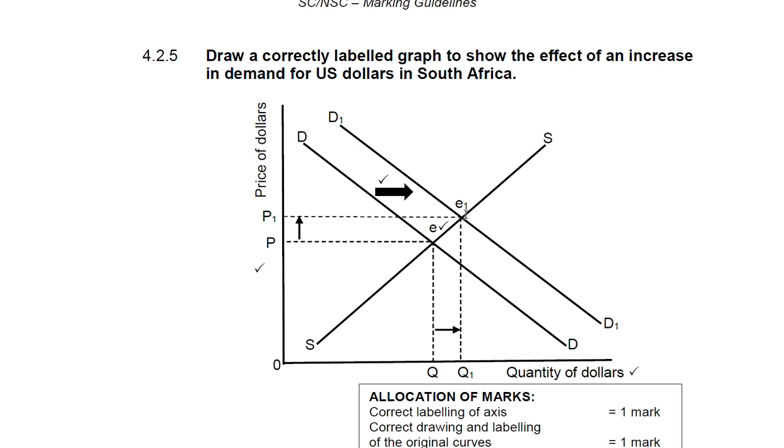Now that there's an increase in demand, there is an increase in the quantity of dollars, which will lead to an increase in price. So then we need to show the second, new equilibrium, which represents those two changes: the additional change in quantity as well as the additional change in price.